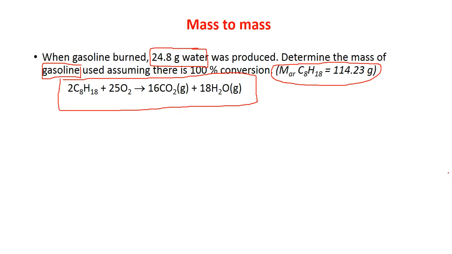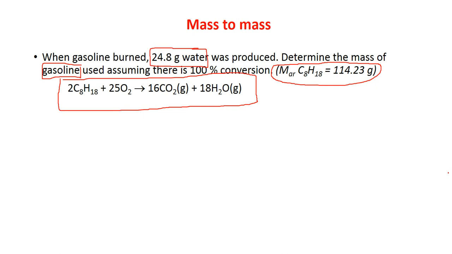Which means we will need to move backward. First we have the mass of the product. We need to find the moles of the product. Once we get the moles of the product, that is water, that will help us to determine the moles of the reactant, that is the moles of octane. Once we get the moles of octane, that is going to help us determine the mass of octane that burned.